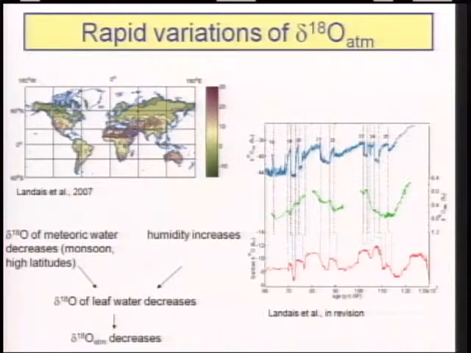And of course, if we have this change in the low latitude, we change the delta weighting of the low latitude that is then transmitted to our oxygen isotopes. And the second effect is the one of high latitude. While we are in an interstadial period, we will have more vegetation in the northern region, and so we will have a decrease of delta weighting of leaf water that will be transmitted to the atmospheric delta weighting. So that's the general story.